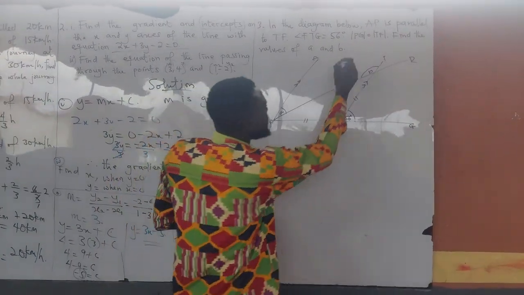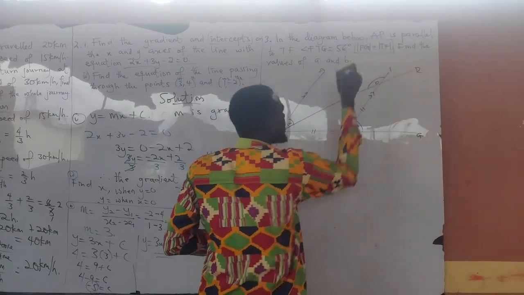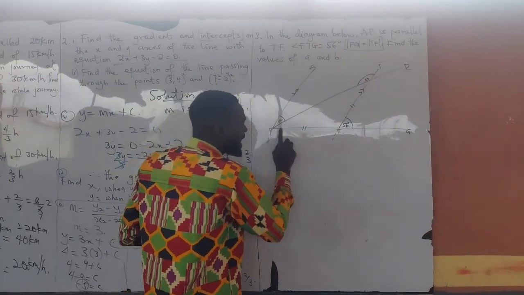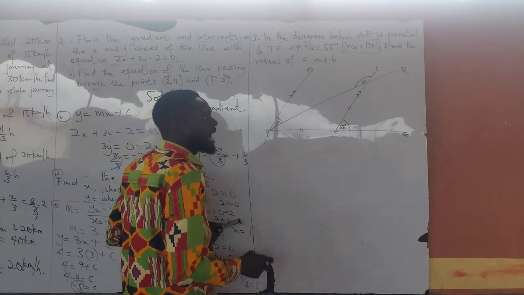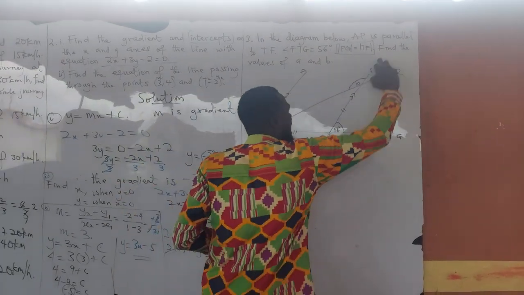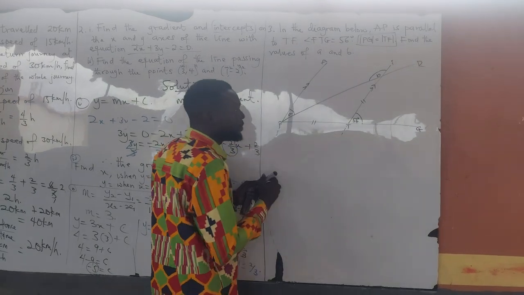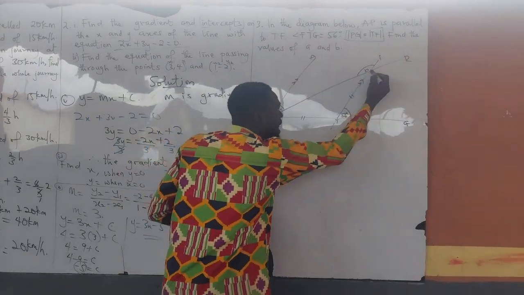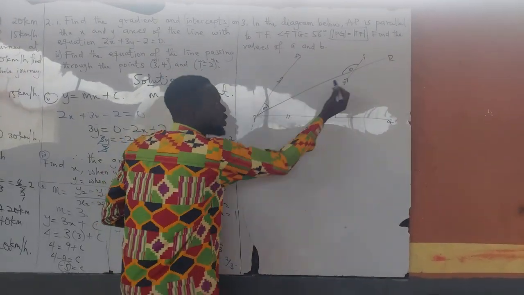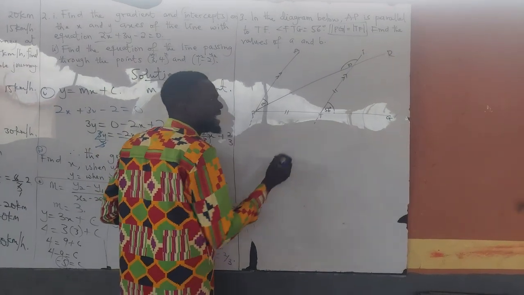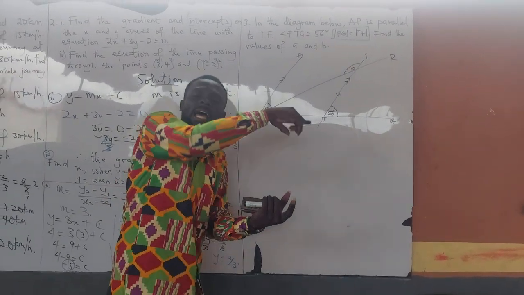But the question has given you some clue here, which says that this line and this line are the same. So if they are the same, you can see that a triangle is being formed. Then where are the base angles?